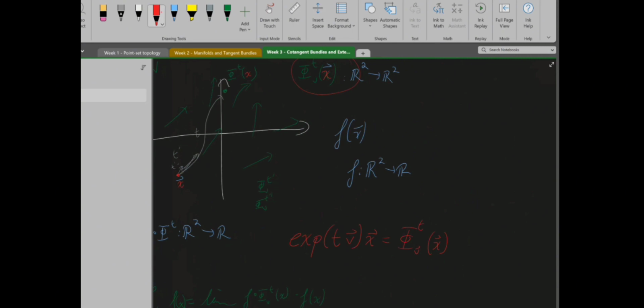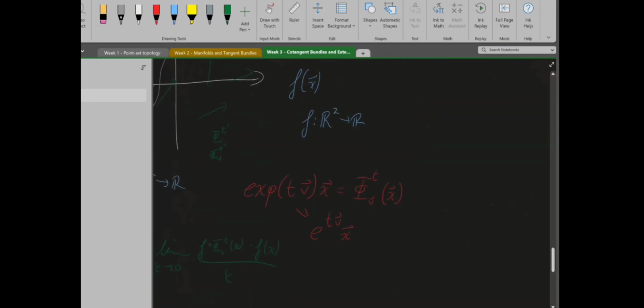And then this thing is a diffeomorphism of the manifold that you're flowing along. It's a map from it to itself. And you can differentiate this. Some people write it this way. In fact, you can differentiate this with respect to t, and you would not believe what it's going to be.